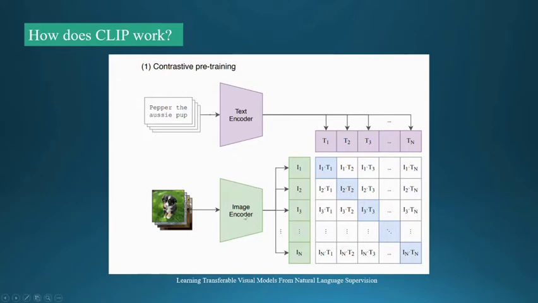For the image encoder, they use two different models. First, ResNet, but again a modified version of ResNet, and they did some replacements. For example, instead of using global average pooling, they use a self-attention pooling mechanism.